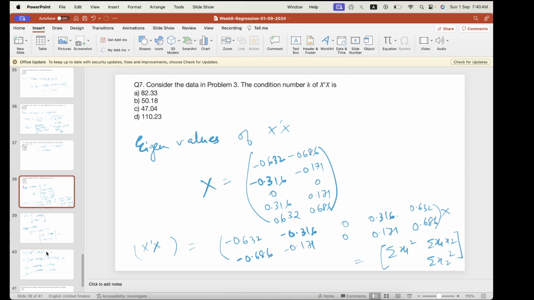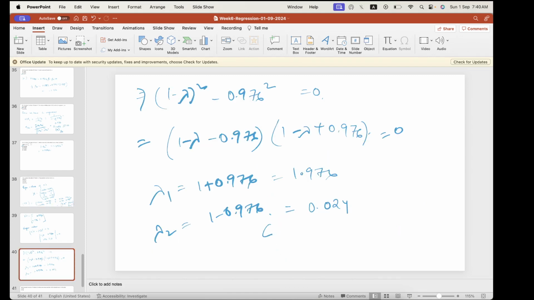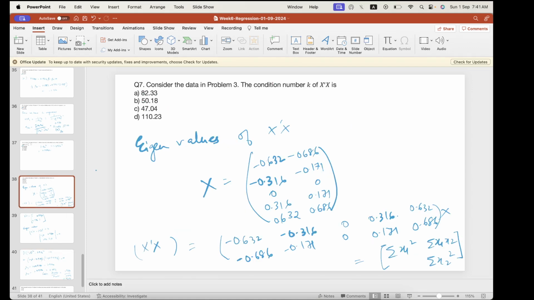Okay, so then what do we have to find out? We have to find out the condition number. So condition number is lambda max by lambda min. So this is 1.976 by 0.024. So this comes to 82.33. Okay, so that is the answer.